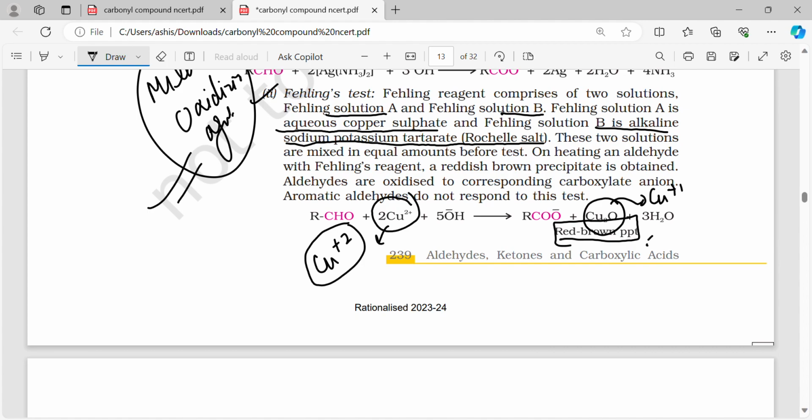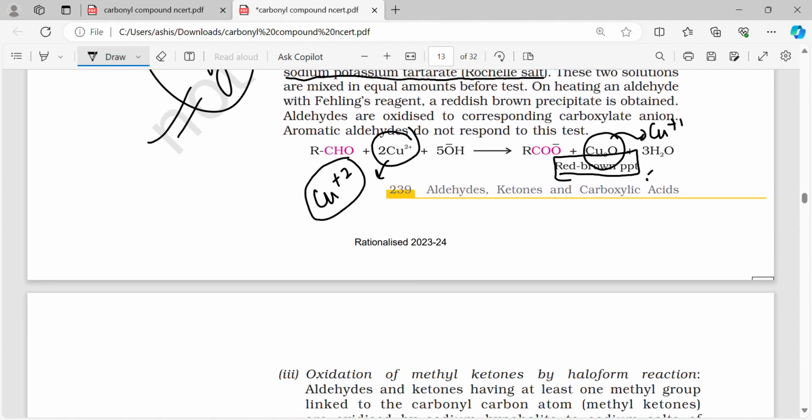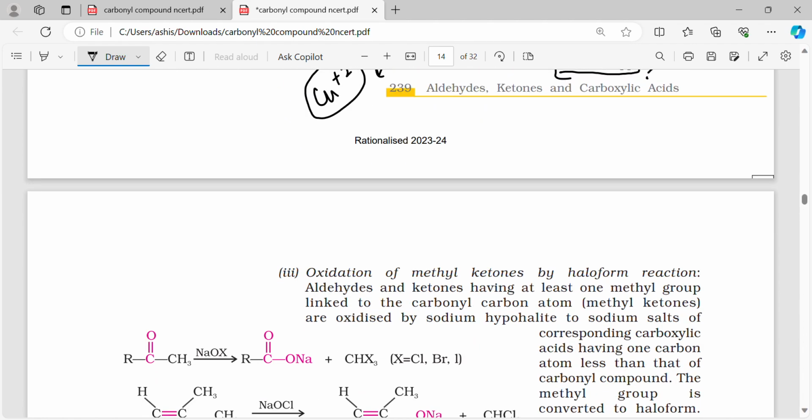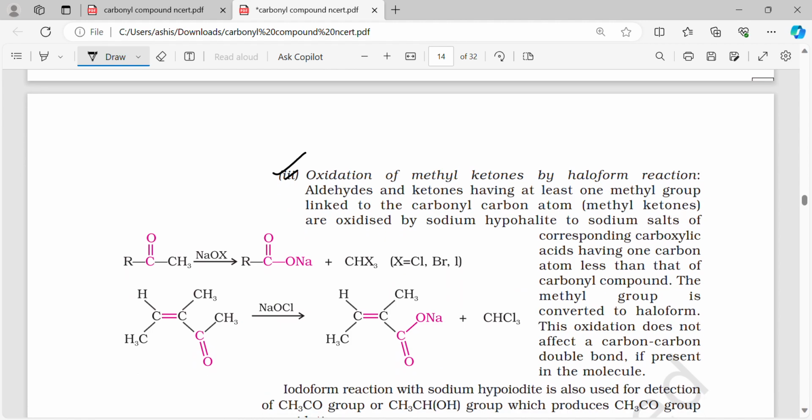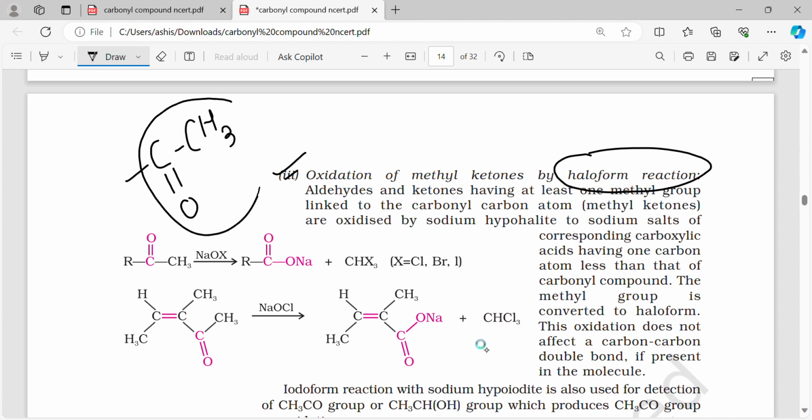This reddish brown precipitate is only produced by aldehydes. Ketone cannot give it, because Fehling reagent is again a mild oxidizing agent. It can oxidize only aldehyde. It cannot oxidize ketone.